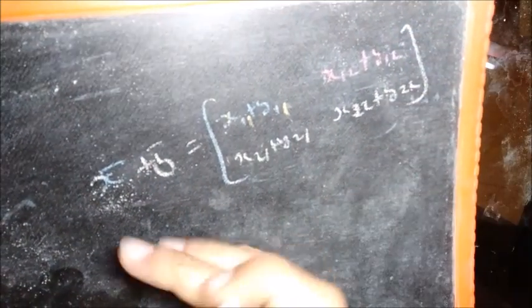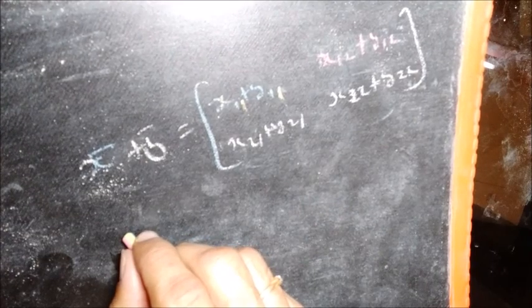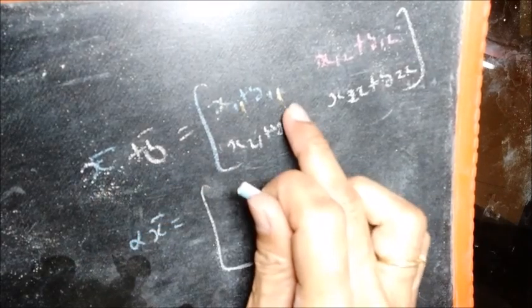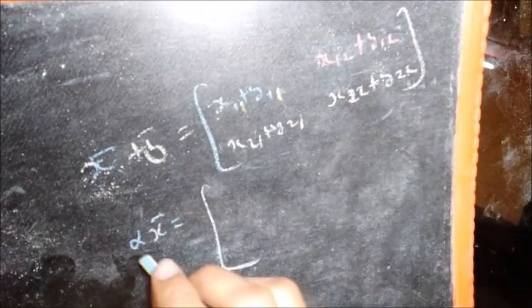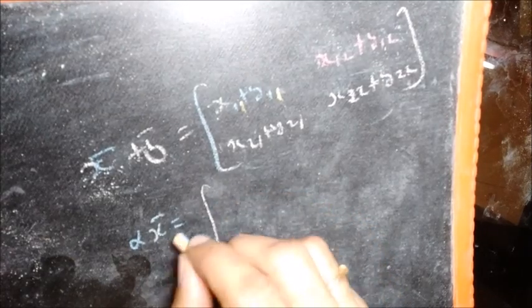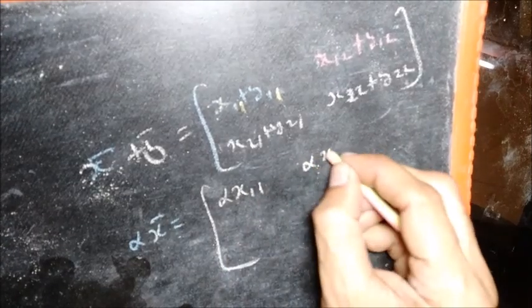I define matrix addition like this and I define scalar multiplication like this. I define vector addition like this. I am dealing with the set of all 2 by 2 real matrices, let me emphasize, and alpha is a real scalar.